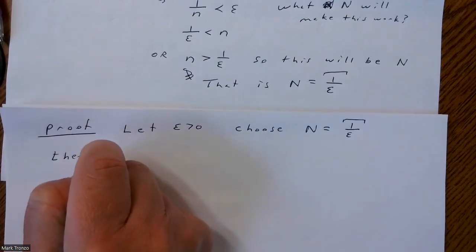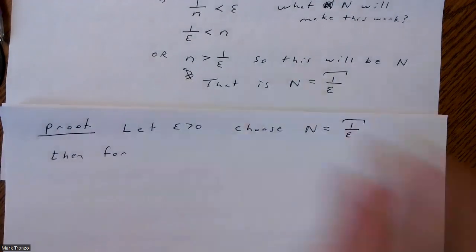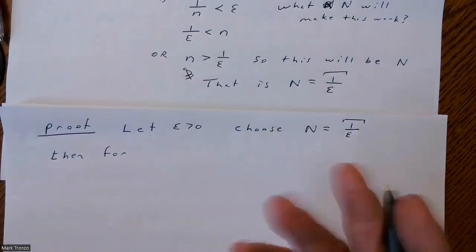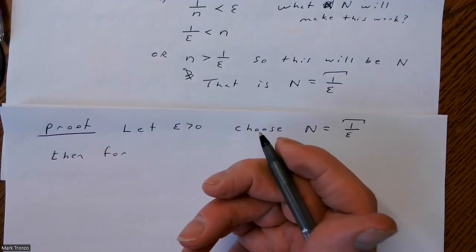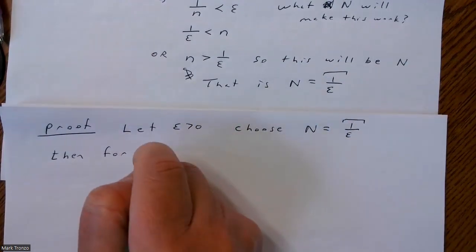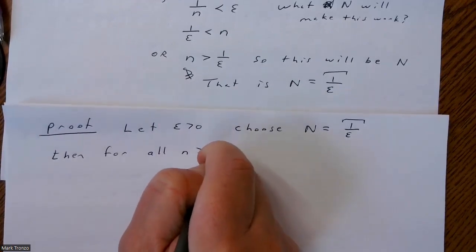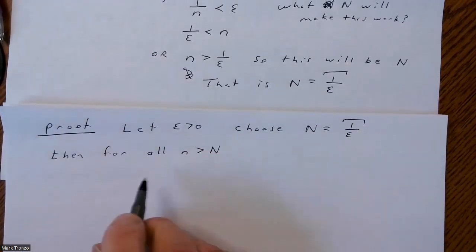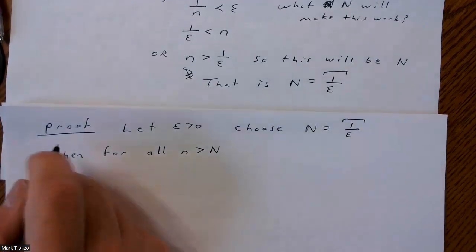Then, some of these parts you can write in different ways. Then for all n greater than capital N, even if you leave off the for all, the greater than implies that.